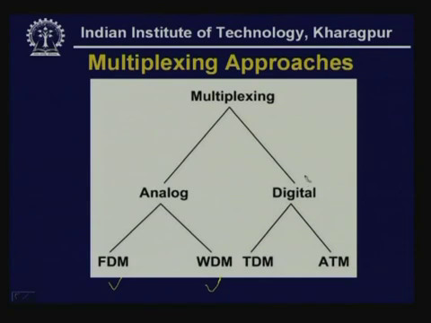On the other hand, digital signaling is used in time division multiplexing, which has two different versions. One is synchronous time division multiplexing, and the other is asynchronous time division multiplexing, in which we use digital signals. So, the frequency division multiplexing approach makes use of analog modulation techniques, and time division multiplexing makes use of the encoding techniques that we have discussed.